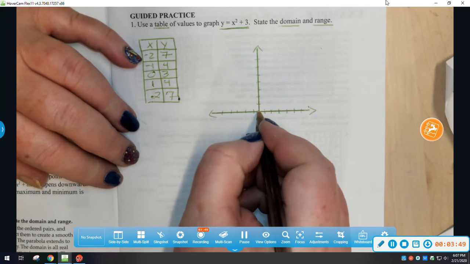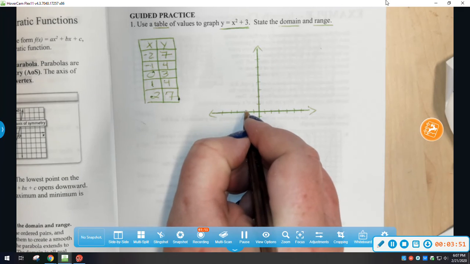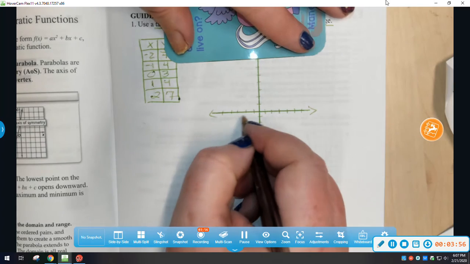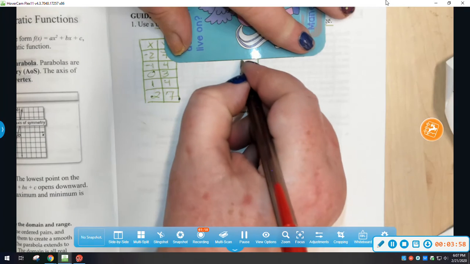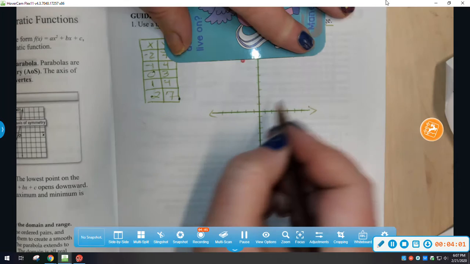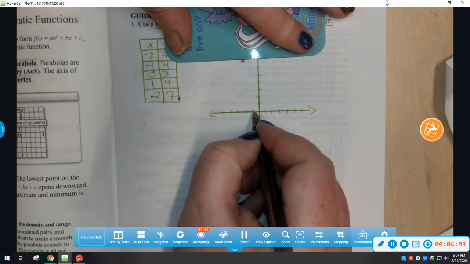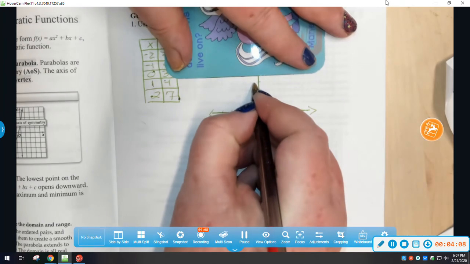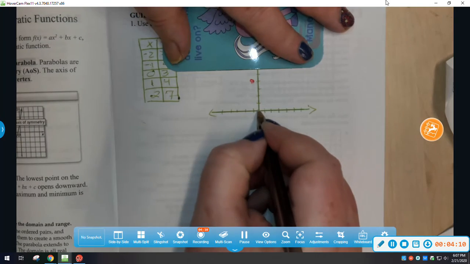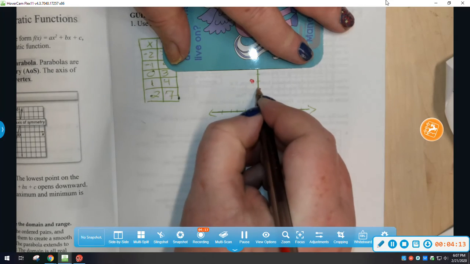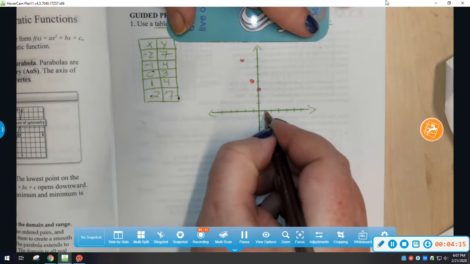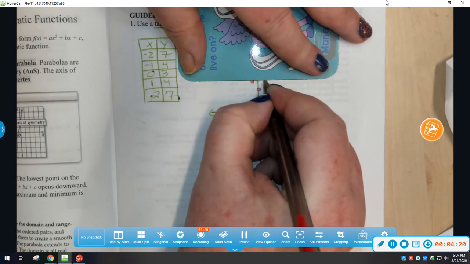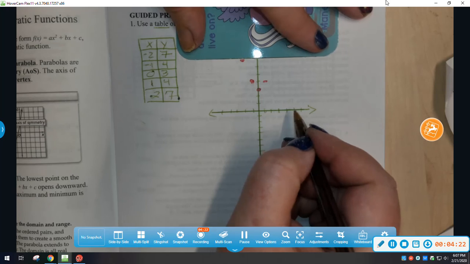When x is -2, y is 7. -2, 7, -1, 4, 0, 3, 1, 4, and you guys noticing something?